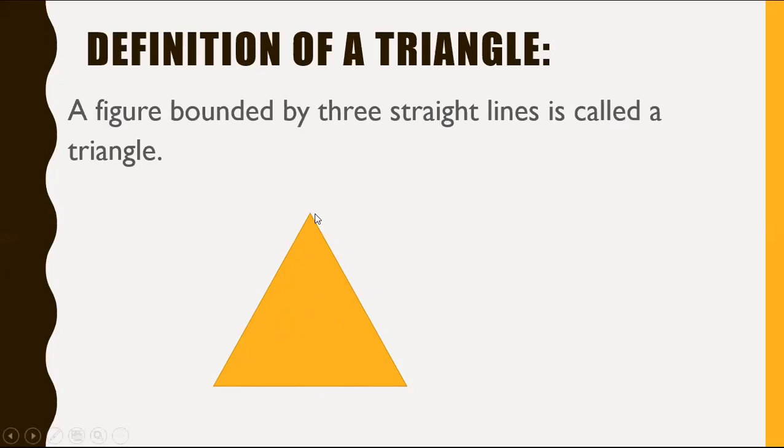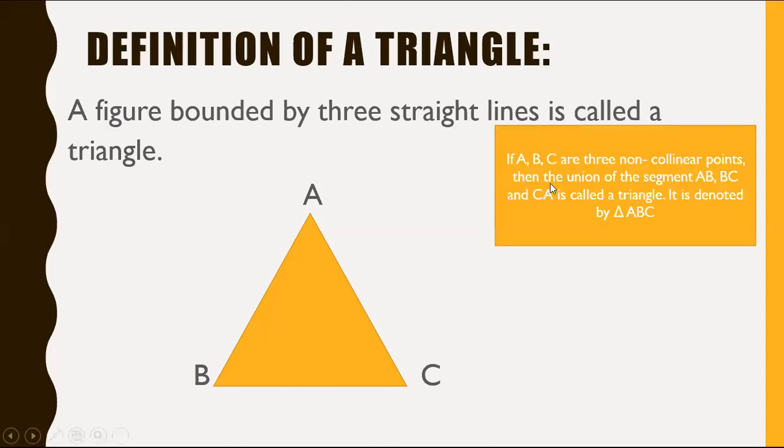Okay. Now let's name it. For example, this is A, this is B and C. Here is a triangle ABC. So if A, B, C are three non-collinear points, then the union of the segments.